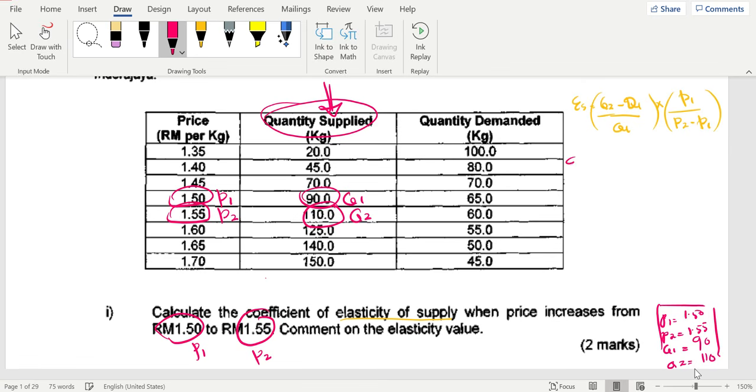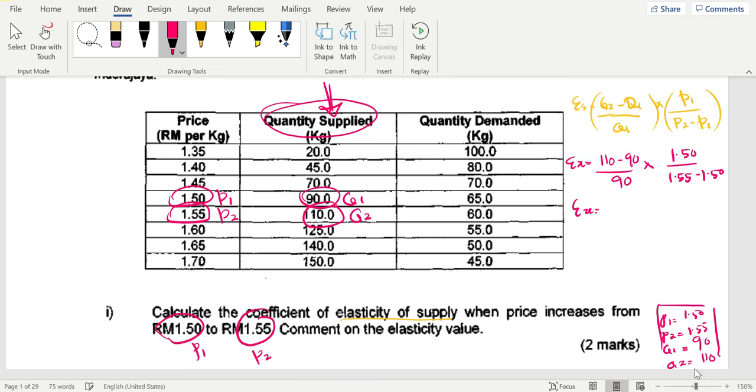Okay, so ES equals, just substitute the figure there, 110 minus 90 over 90 times 150, 155 minus 150.